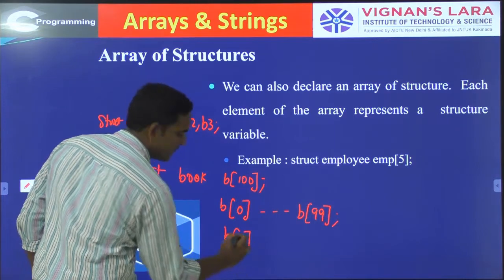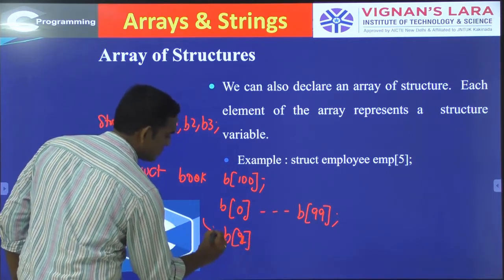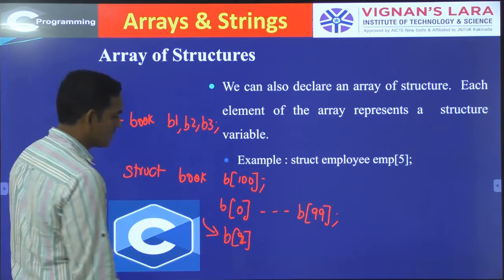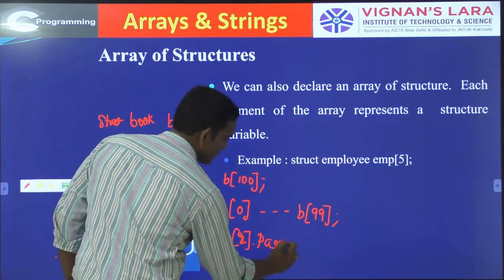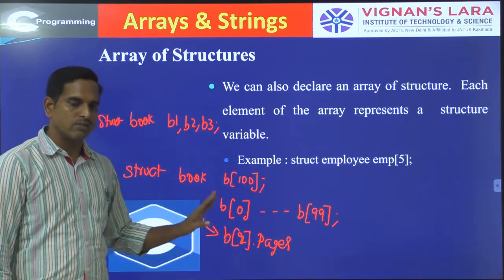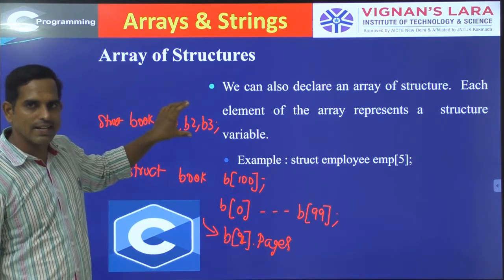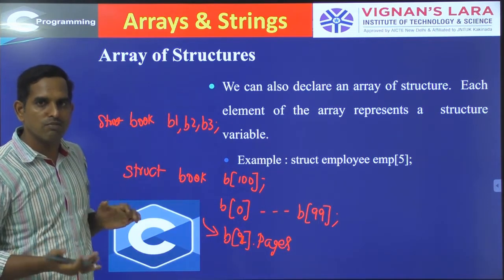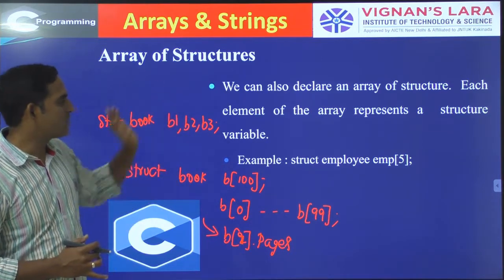If I want to access the third element, that is the third book, that will be b2, and if I want to access its pages, b2.pages. That is how you can access the elements by using array of structures. So instead of having one declaration like this, you can declare any number of variables by using arrays. So that is called array of structures.